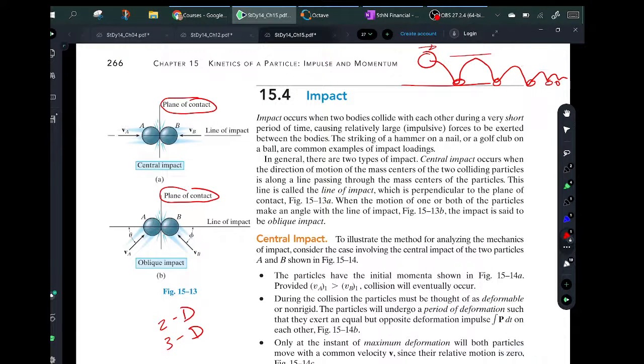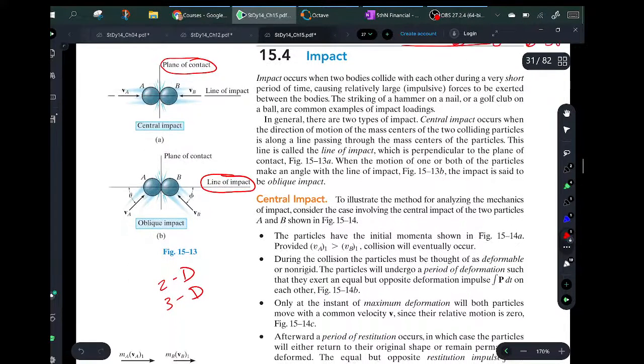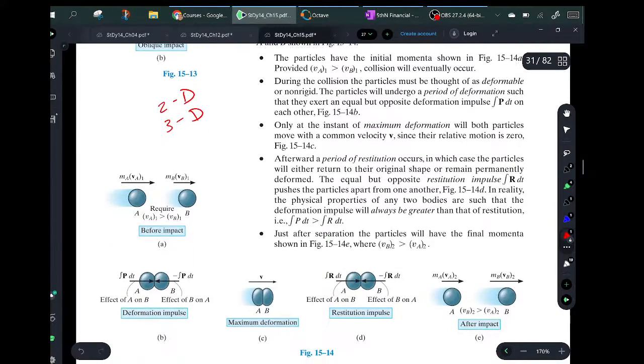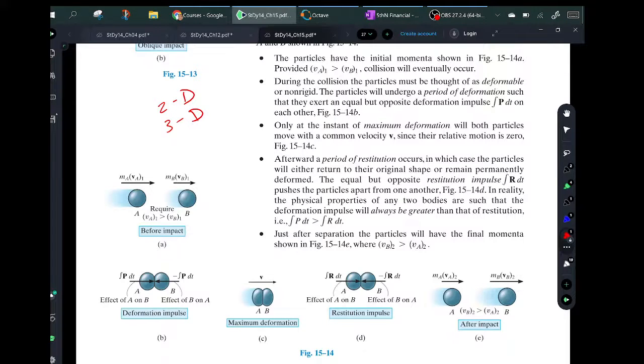Something interesting occurs here. Along the line of impact, you're using the impact equations. But along the plane, if there's no friction between them, there's no loss in that direction. So if we hit 2 balls together here, along the line of impact, there are 2 phases.